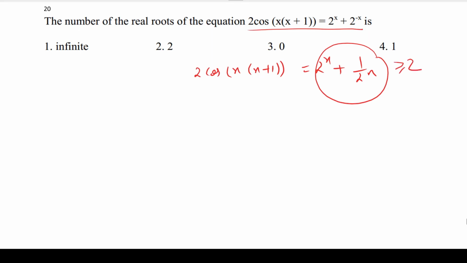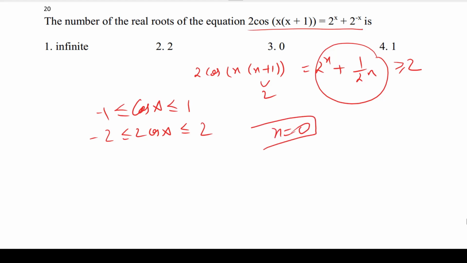And cos x, the value of cos is always between minus 1 and 1, so the maximum value of the left side is 2. So this is possible when x equals 0. So the only solution is x equal to 0.